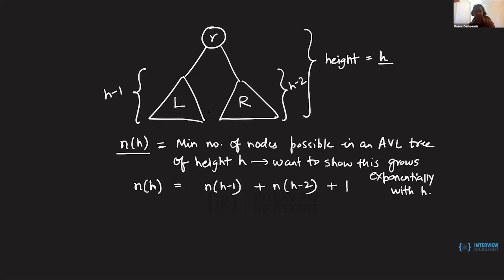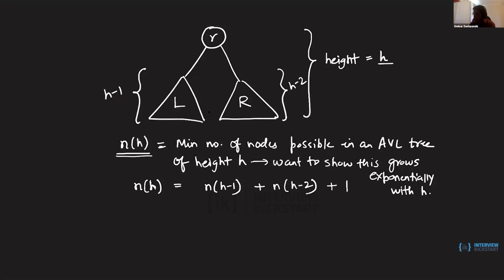Okay. I guess you are doing that for your analysis, but it could be the case for an AVL tree to have h minus 1 on both sides of the tree. Yeah, that's possible. So we want to show that any AVL tree is going to have a number of nodes that grows exponentially with h.